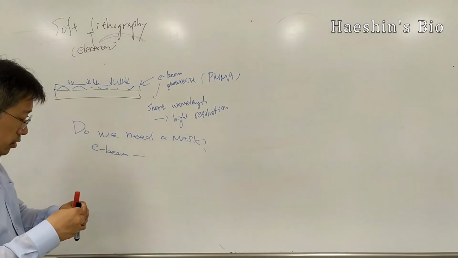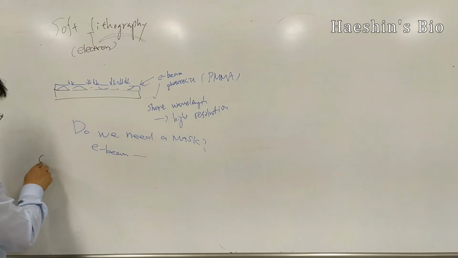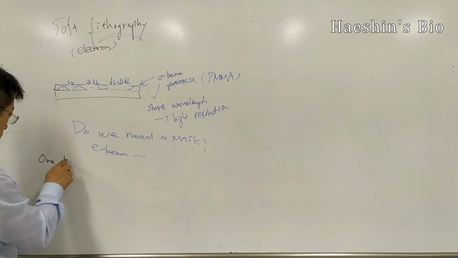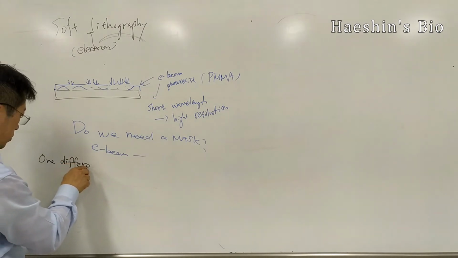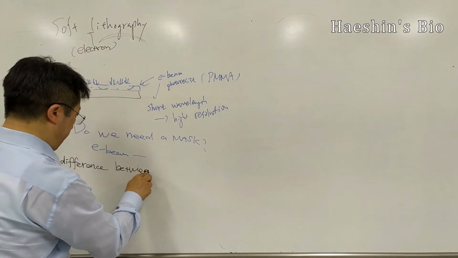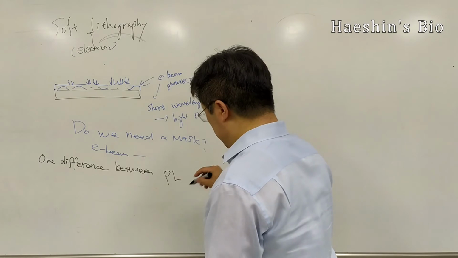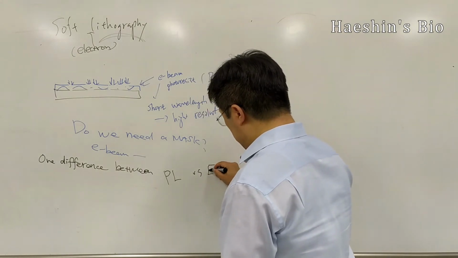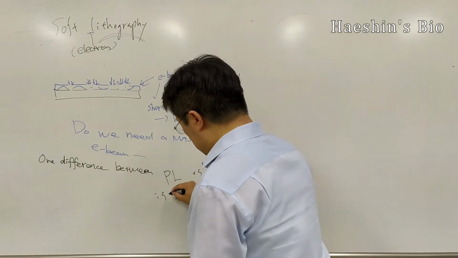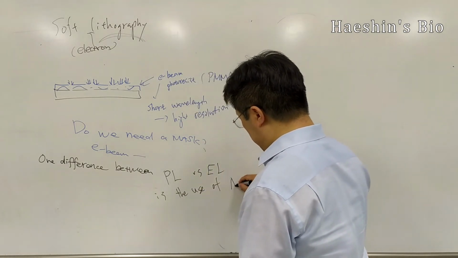So one big difference, generally speaking, between photolithography versus E-beam lithography is the use of a mask.